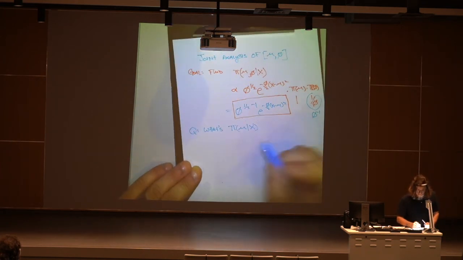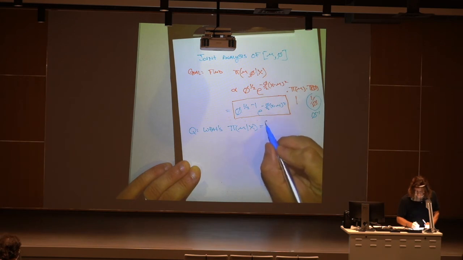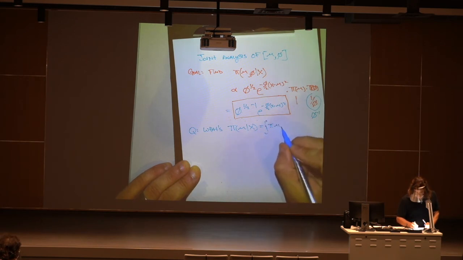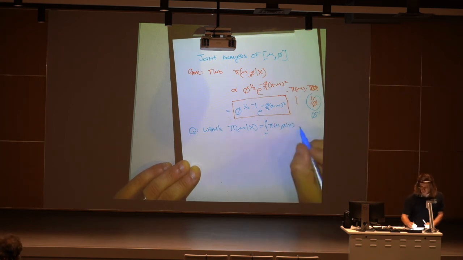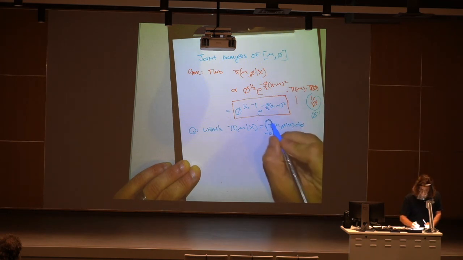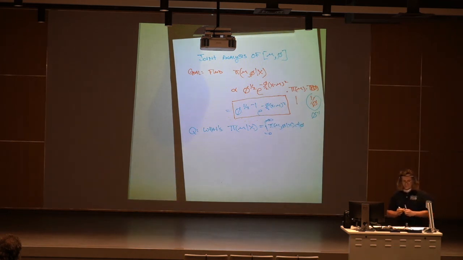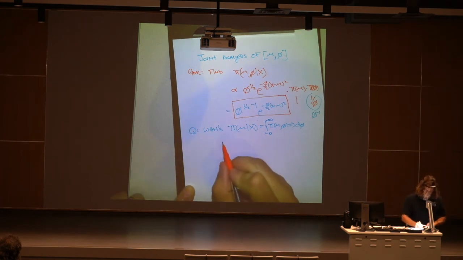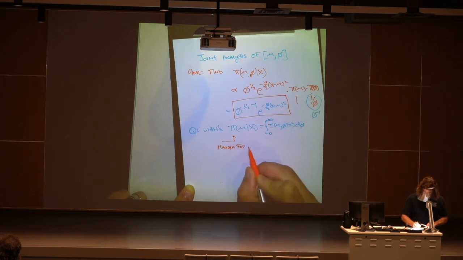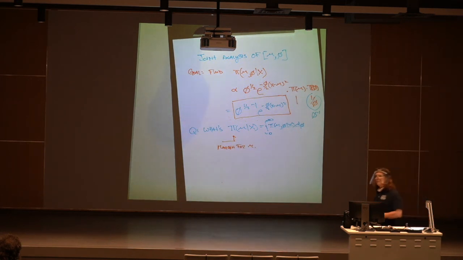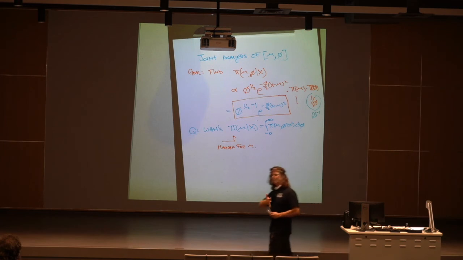This is going to be equal to the integral over the joint where I integrate out. So this is the margin on mu. I've marginalized out phi. That's what's left in the margins.